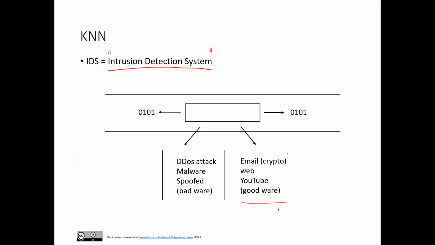And then we have bad data, like network attacks, for instance: denial of service attack, malware, spoofing, etc. So we have really two categories or two classes.